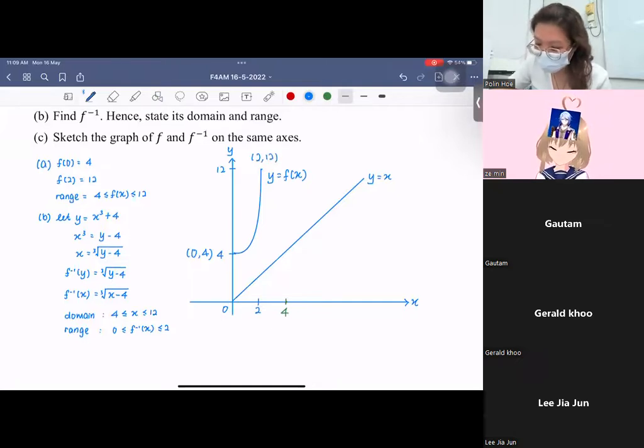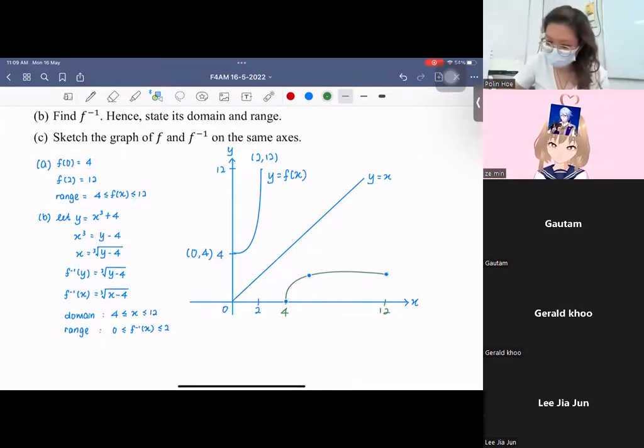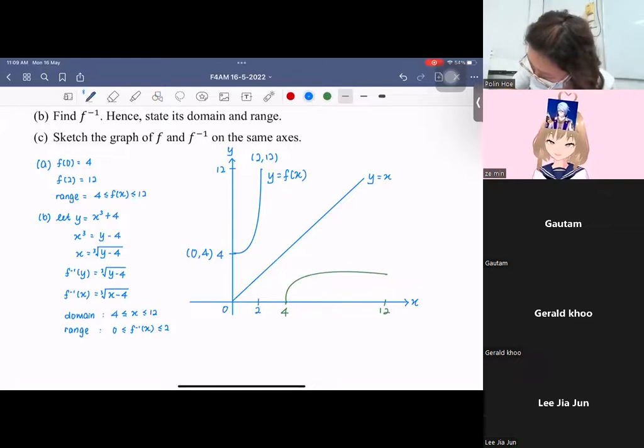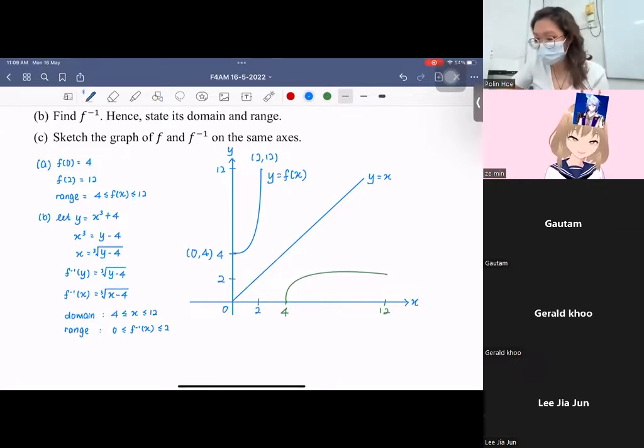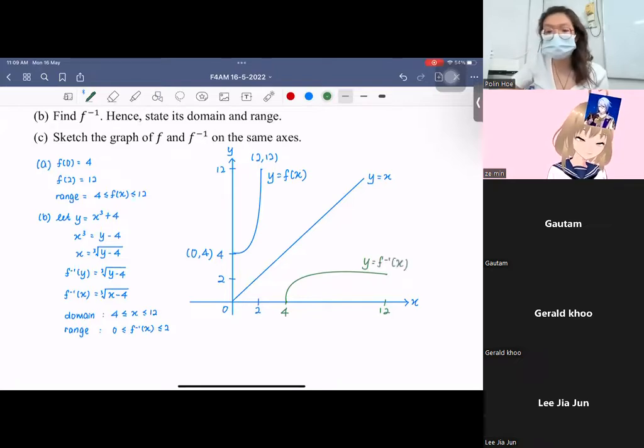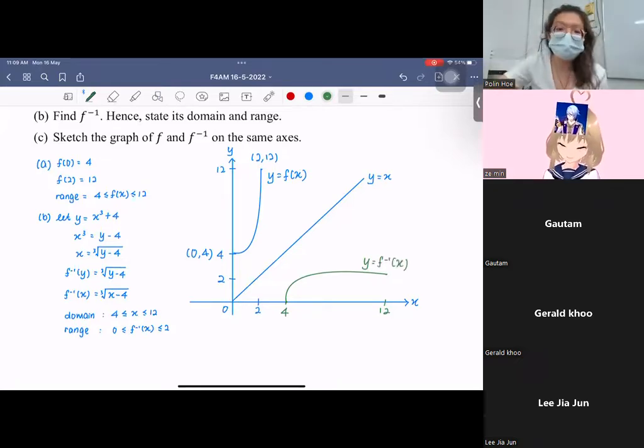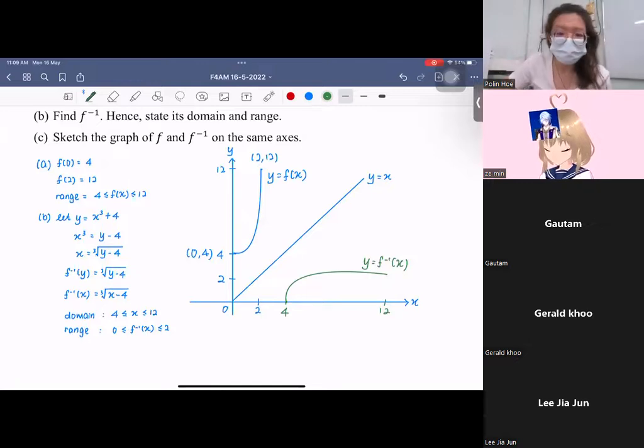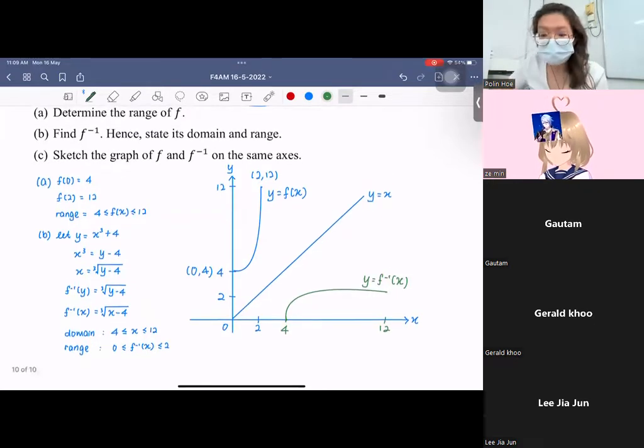I shall have a point here as (12, 2). And this will be my graph of y equals f inverse x. Okay, reflect on the line y equals x.